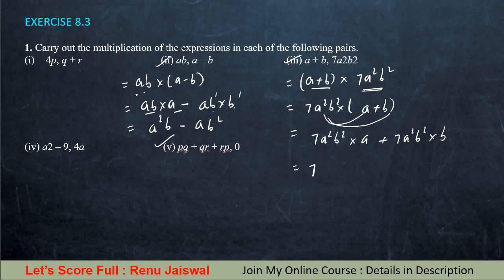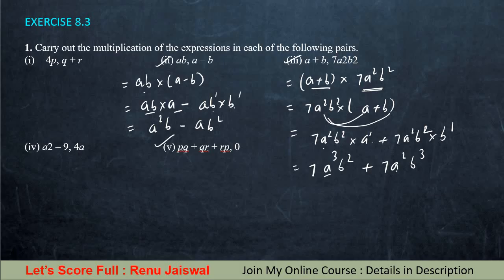Multiply 7a square and there is a power 1. So what will happen? A cube. Yes. And here 7a square, here b power 2 and 1. So this will come b cube. They are different terms. Here a has cube, but here a does not have cube. So it means they are not like terms. We cannot add them. Okay.